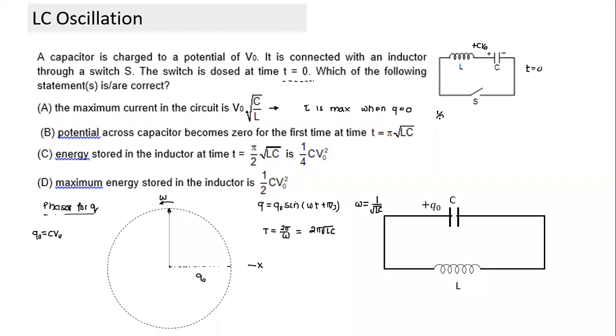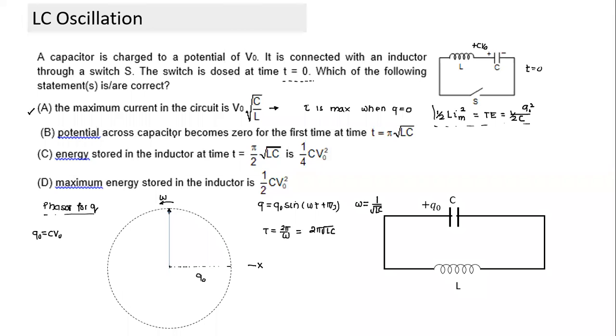So when current is maximum, total energy is only in the form of magnetic energy, equal to the total energy, and initially the entire energy was in the form of electrical energy, Q squared by 2C. So if I write this equation, I can always find the value of I. It's possible for the charge to become zero, and that's the way you can find the maximum current.